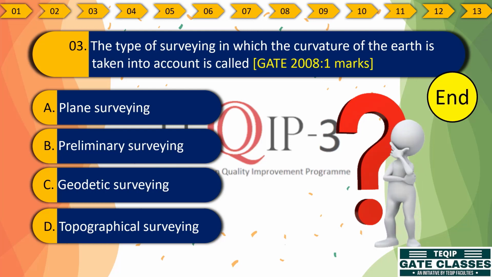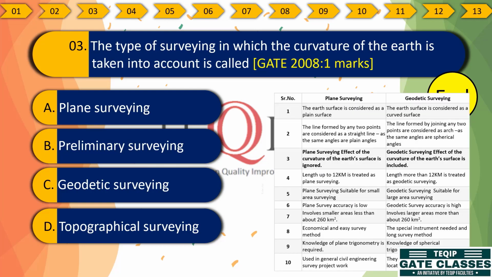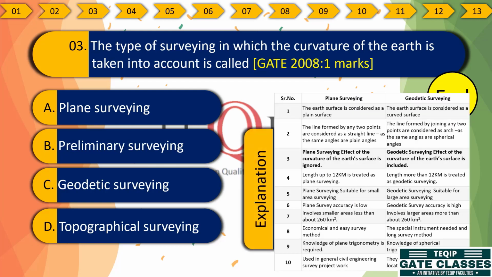Okay, then the answer is, first we know the concept. What is the concept to answer this question? First, know the difference between plane surveying and geodetic surveying, because these two options are A and C. In plane surveying, the earth's surface is considered as a plane surface, but in geodetic surveying, the earth's surface is considered as a curved surface.